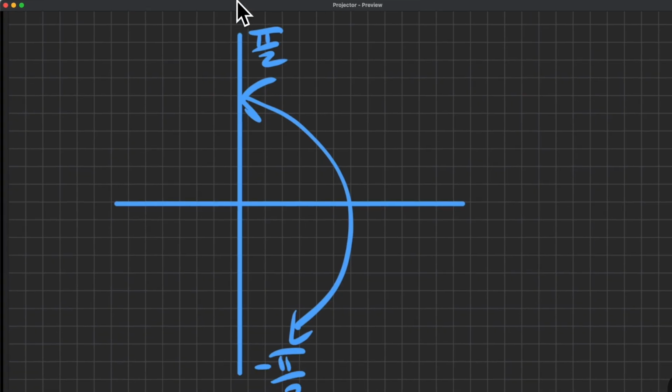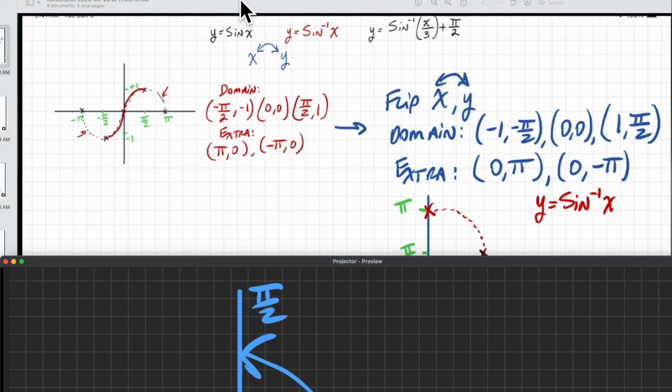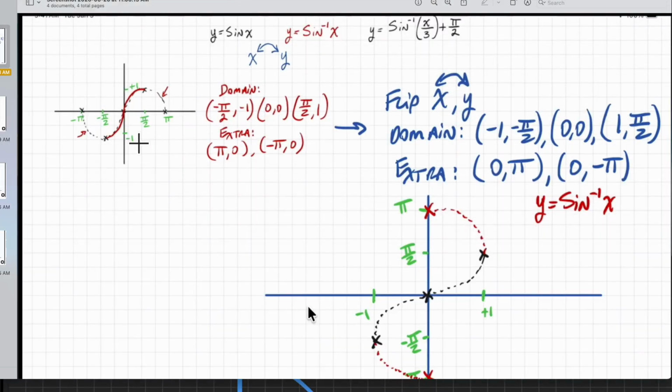And as a result, we're going to limit our domain from negative pi over 2 to pi over 2 in this discussion. Now notice, folks, I went further. I also looked at the points pi comma 0 and negative pi comma 0. And that's because these extra points, although ultimately they will not be part of our final answer, help me draw the curvature.